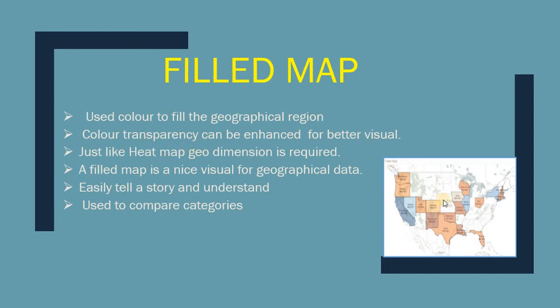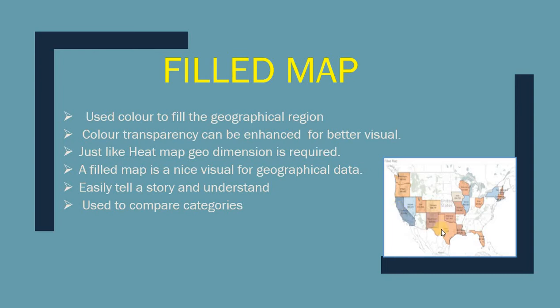The color, as we said, is based not only on geography but also on the intensity of the data we have, which we can see from here. It's just like a heat map, but using geo dimensions, and it's a field map. Field map means all the fields are mapped, the whole map is filled completely. It's not a dot like we have seen before.